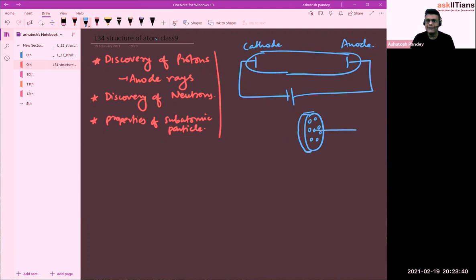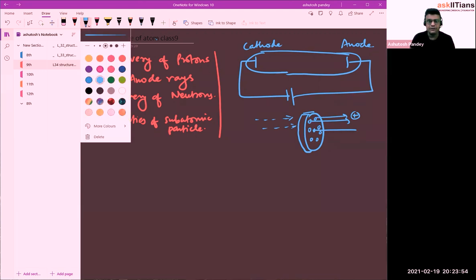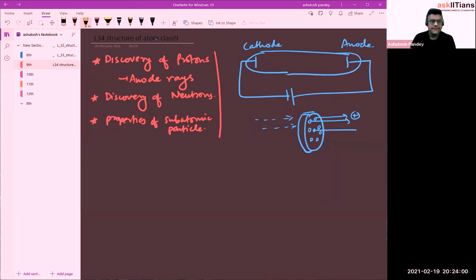Then when any particle comes like this, it will pass through it with a positive charge on it. We can say that this is a modified cathode ray tube.